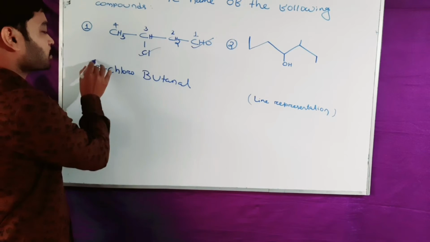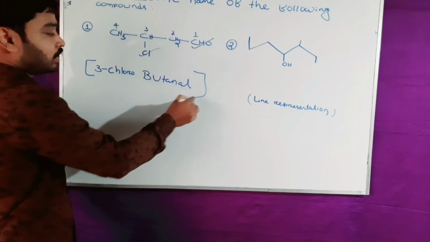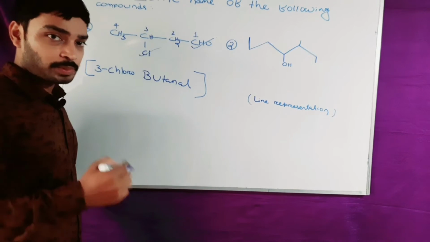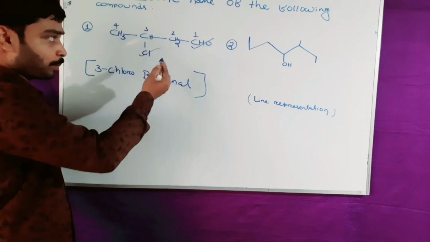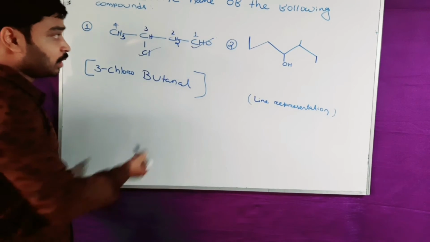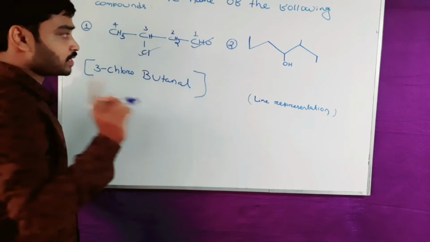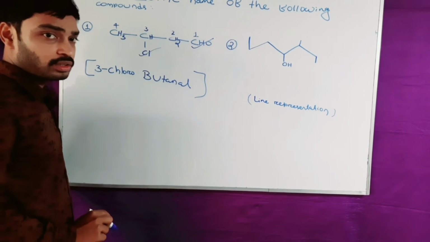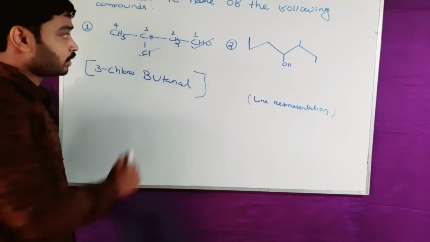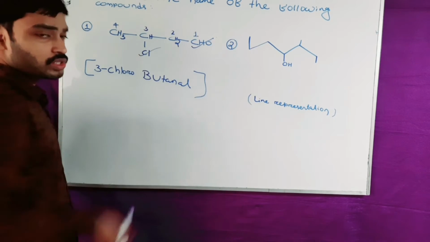Halo is the prefix for the haloalkane, and as chlorine is here, the name will be 3-chlorobutanal. If you have done it correctly, mention it in the comment section and be sure that you can answer such type of question easily.